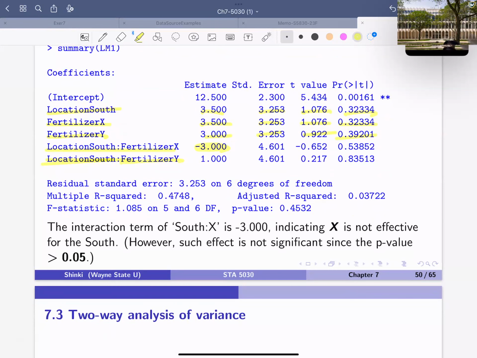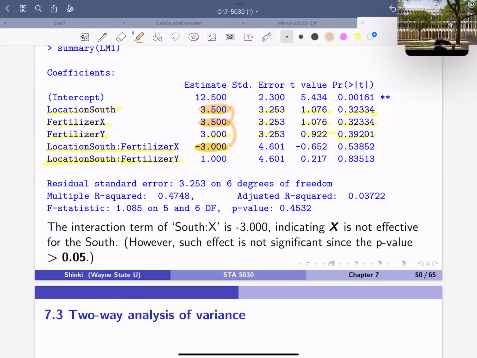So basically, it can be interpreted as: if it's in south, then the growth is larger. And if we use X, growth is an additional 3.5 larger. But if we combine these two, actually we have to subtract 3. So the combined effect is 3.5 plus 3.5 minus 3, so 4.